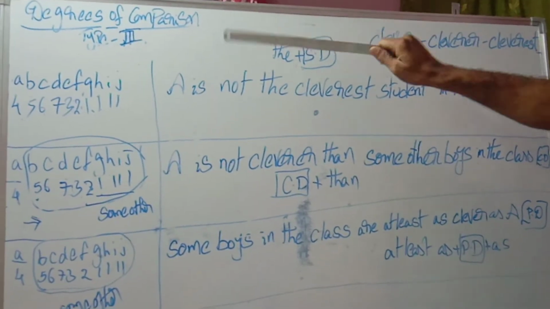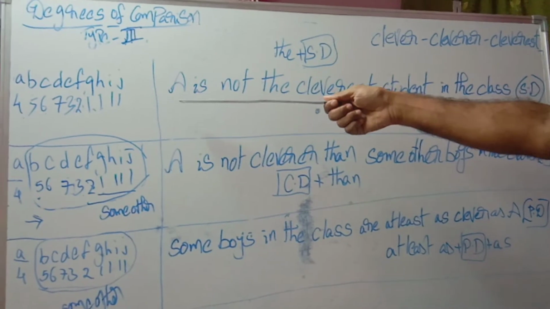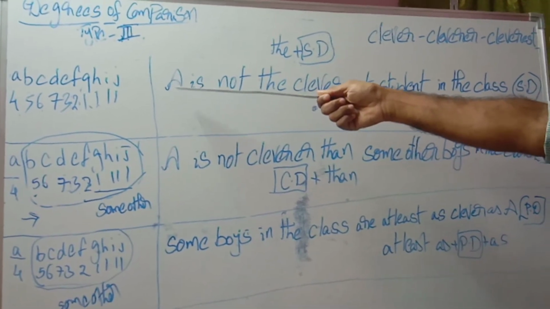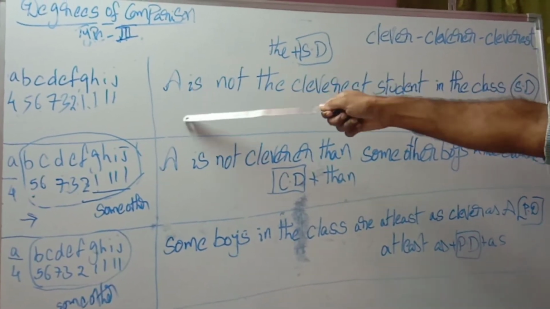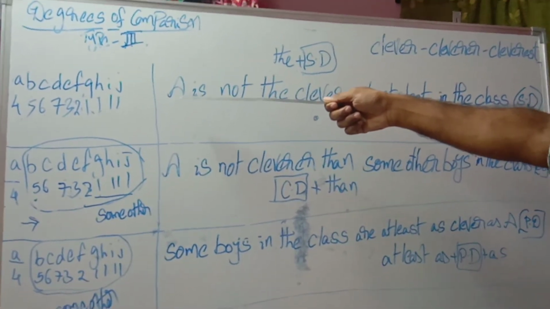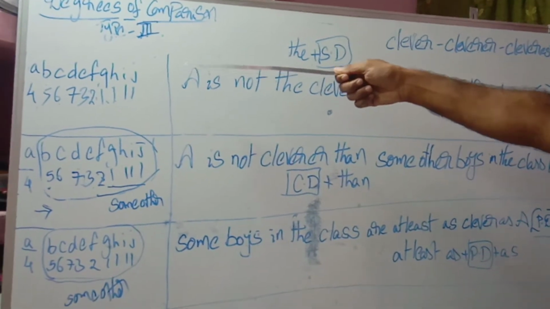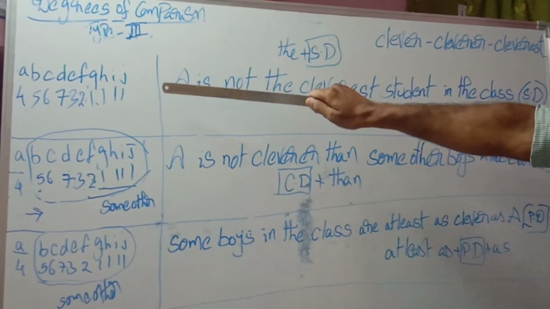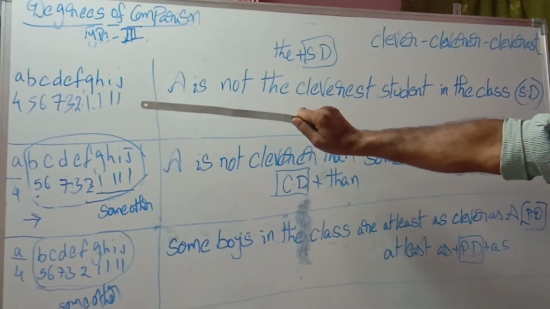Now take the scenario of a class. The students are A, B, C, D, E, F, G, H, I, J, and they got these ranks. F got first rank and the remaining got the remaining ranks, and A got the fourth rank.